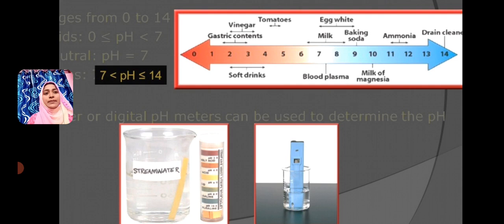So, we can see here the pH scale. If it is less than 7, it is considered more acidic, and more than 7 is considered more basic.